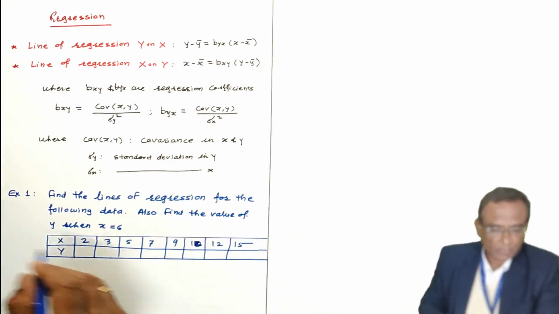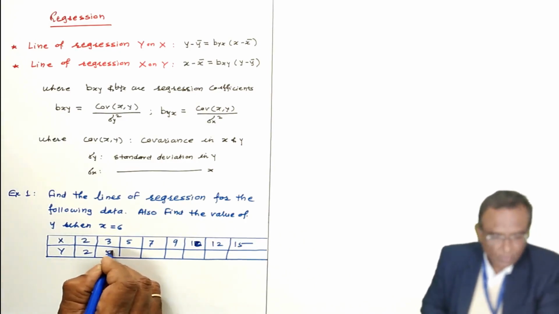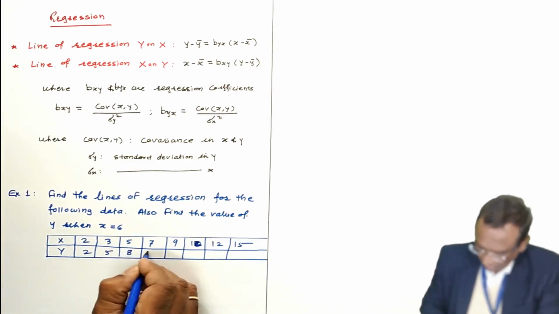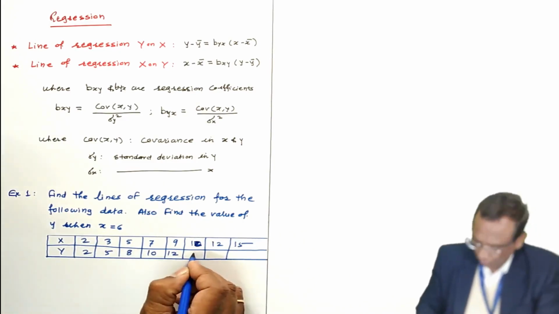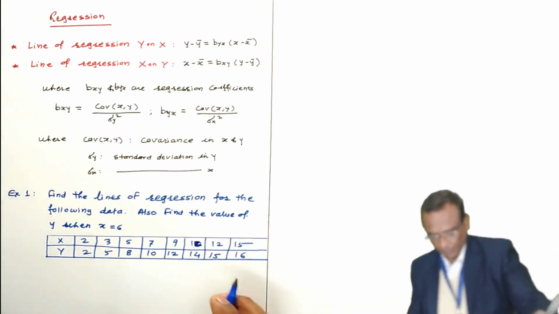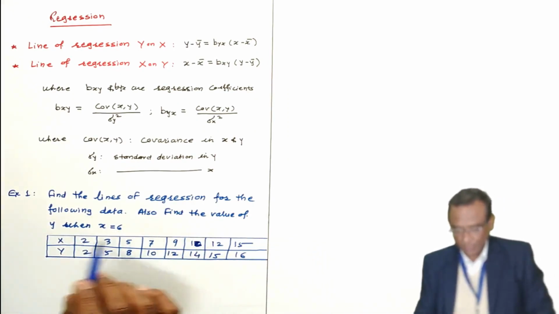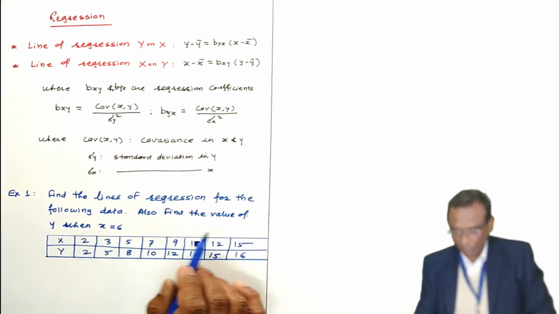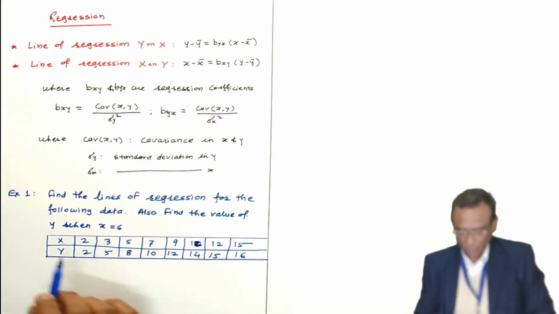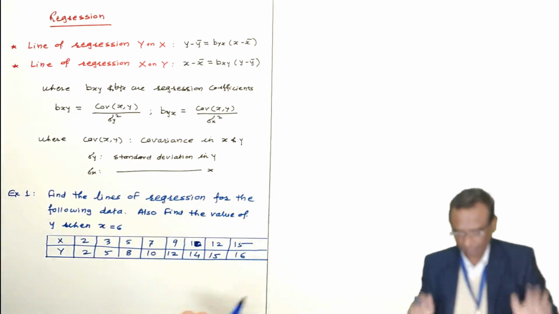Okay, these values of x are given. The values of y I am going to copy: 2, 5, 8, 10, 12, 14, 15 and 16. Find the line of regression for the following data. Also find the value of y when x equal to 6. In examination you may be given any data.